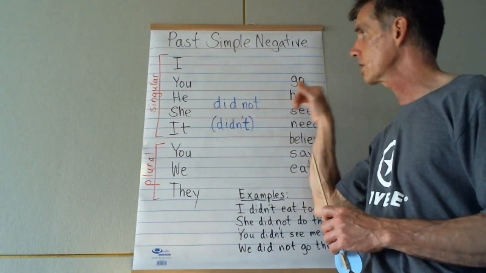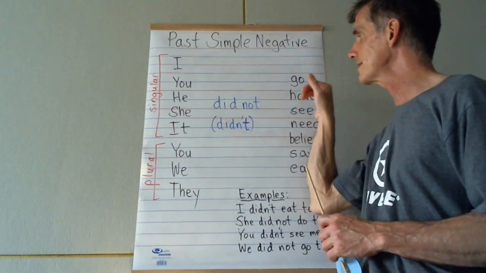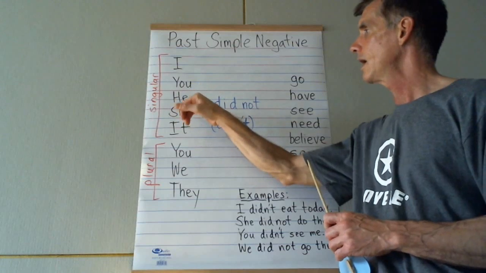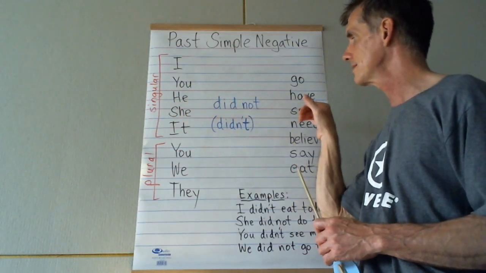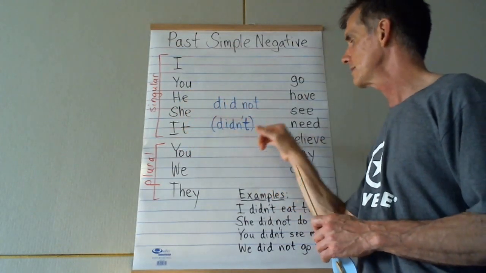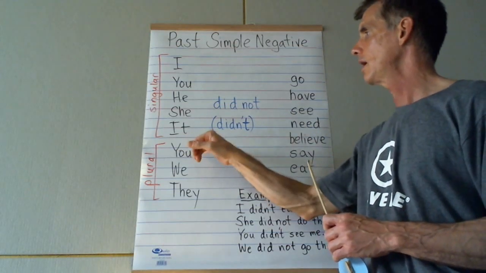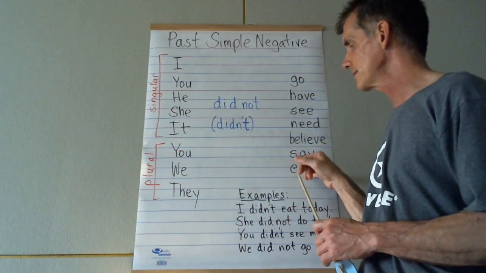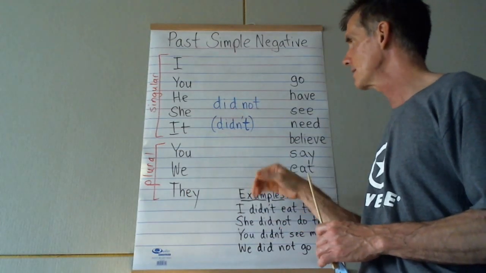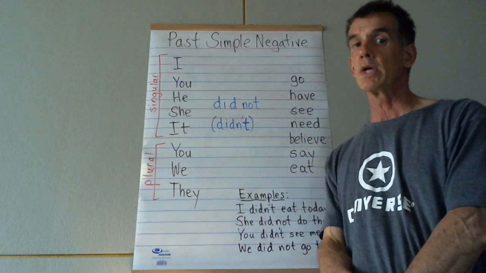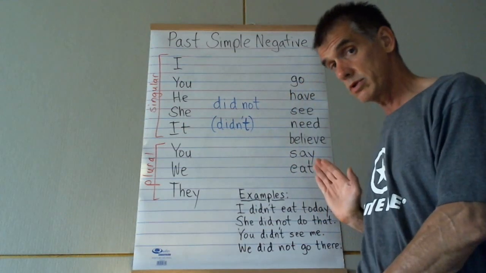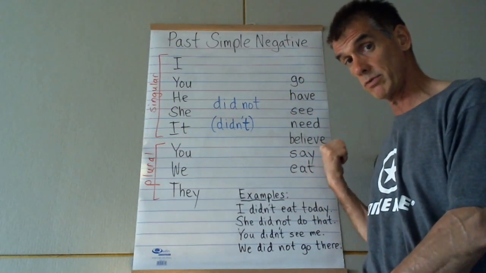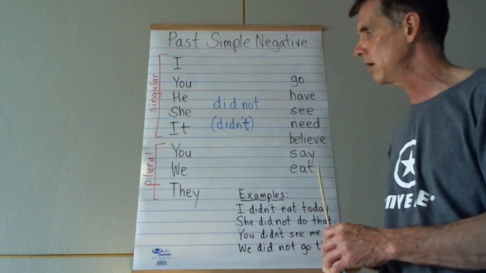So, I did not go, you didn't have, he did not see, she didn't need, it did not believe, you did not say, we didn't eat, they did not go. Okay? So you just remember the verbs stay the same. You don't change the verbs in the simple past tense. They stay as they are.